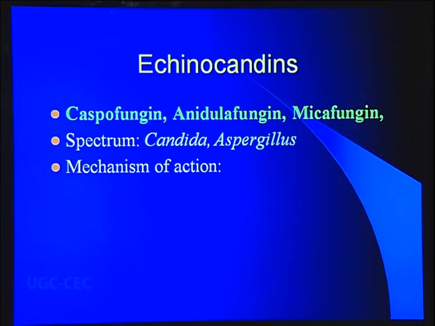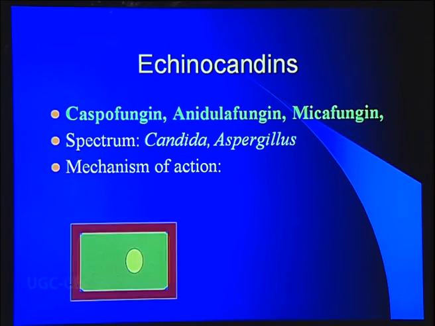Echinocandins include caspofungin, anidulafungin, micafungin, etc. The spectrum of antifungal activity includes serious situations like Candida or Aspergillus infections of the deeper tissues. Regarding the mechanism of action of the drug, let us have a look at the fungal cell wall and one of its specialties.